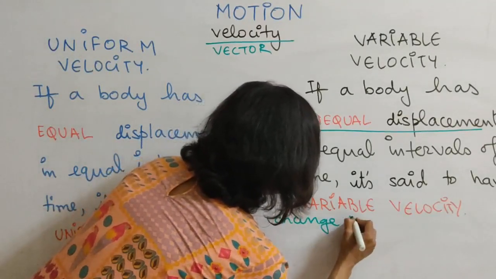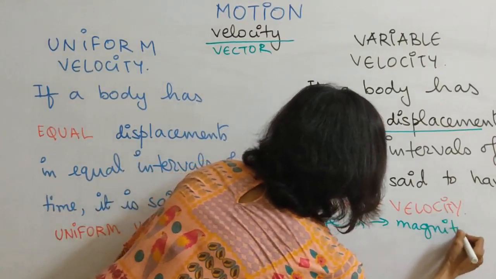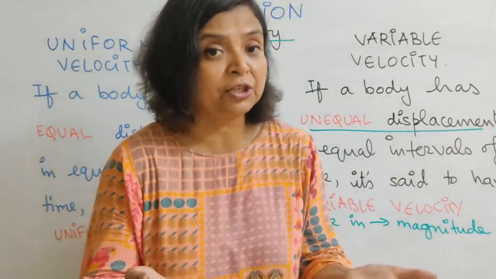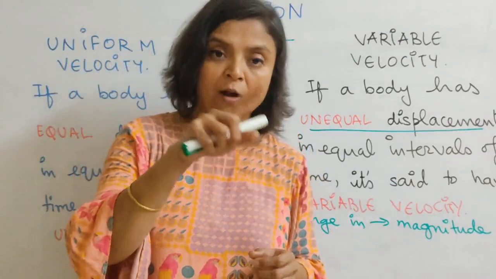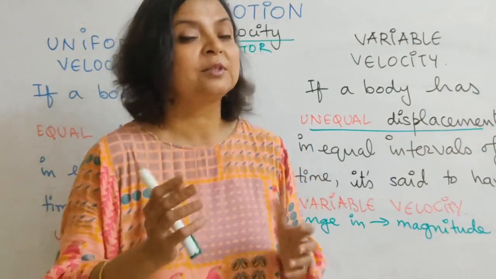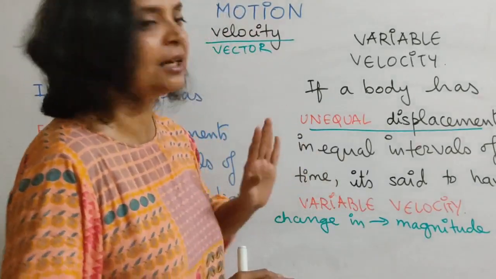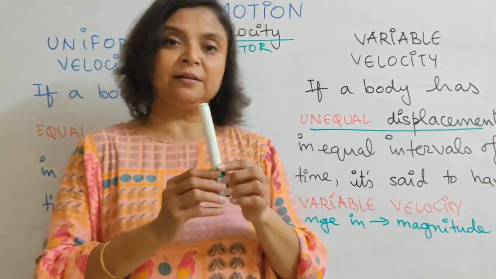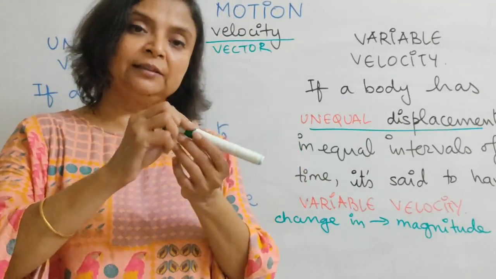Change in magnitude, or it could be change in direction. We just discussed about the speed of the hands of a clock, right? It must be having uniform speed or variable speed we talked about in other cases, but its velocity is not uniform because its direction changes. Because when the watch is moving, okay, so when it moves, the direction changes.